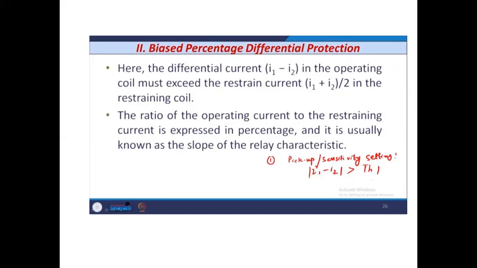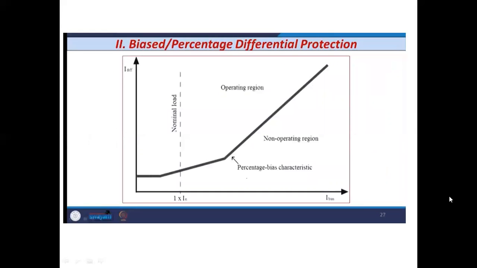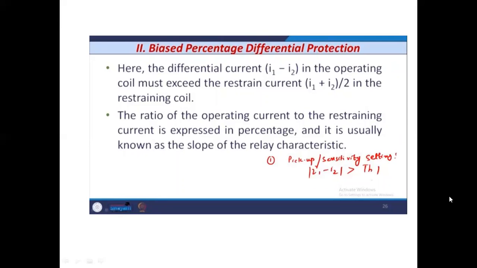If this absolute value of I1 minus I2 exceeds some threshold, then the relay will operate, along with the percentage bias logic, which is (I1 minus I2) divided by (I1 plus I2) into 100. This is the percentage bias.